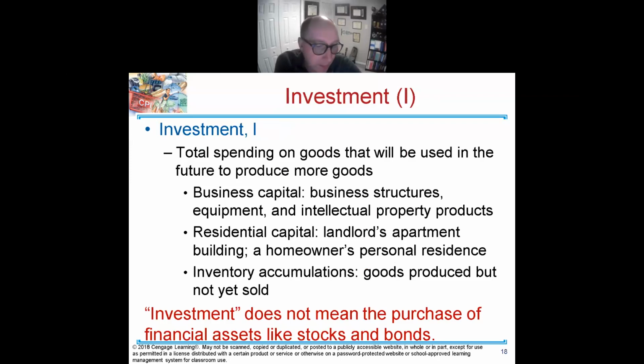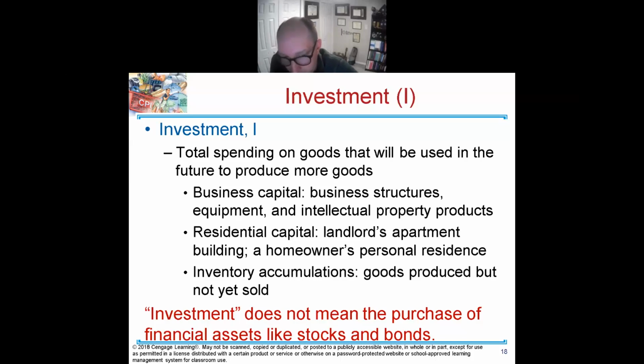Investing. Investing is the spending on goods that will be used in the future to produce more goods. We call this property, plant, and equipment. A company purchases property, plant, and equipment to produce more goods.